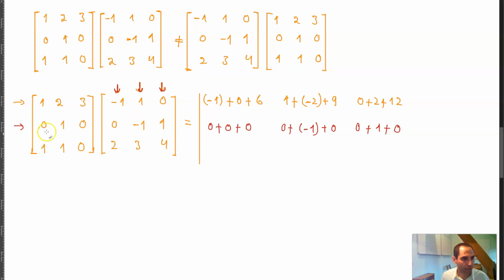And then you have this row and this column, so negative 1 plus 0 plus 2 plus 0. Then coming to this column, you have 1 plus negative 1 plus 0. And coming to this column, you have 0 plus 1 plus 0.